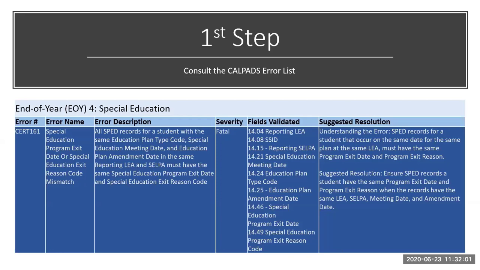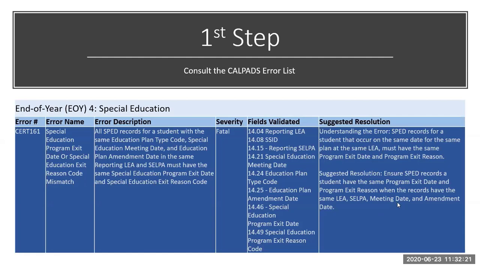So when you have multiple SPED records that share a meeting or amendment date, CELPA and LEA, if one has the program exit information populated, they all must, okay?